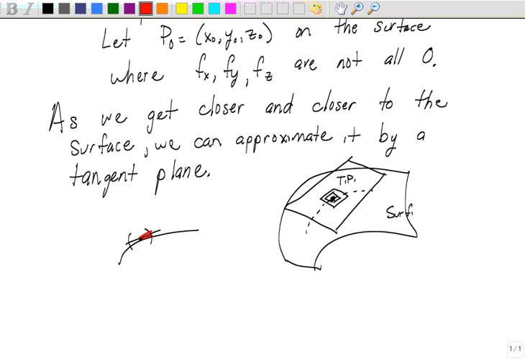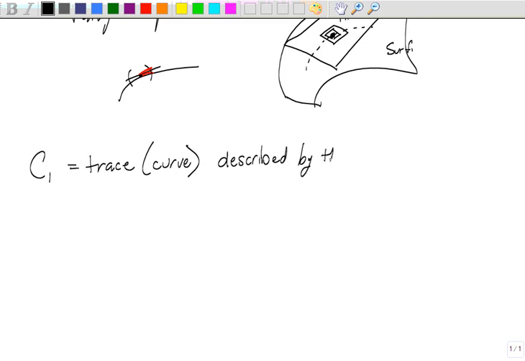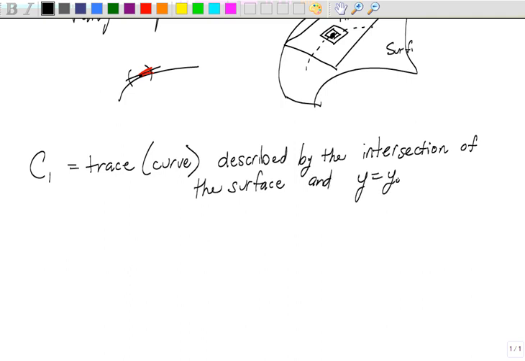Okay, so I'll draw another picture, but first we're going to let C1 be the trace, or a curve, described by the intersection of the surface and the plane y equals y0.